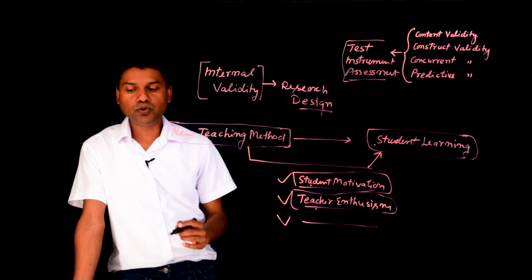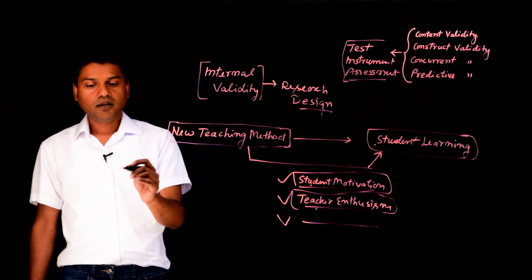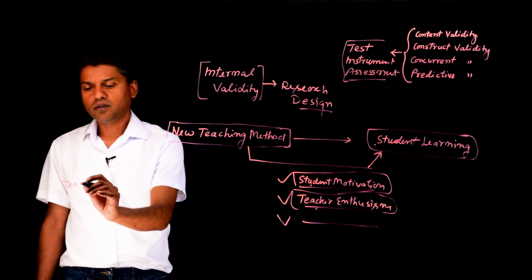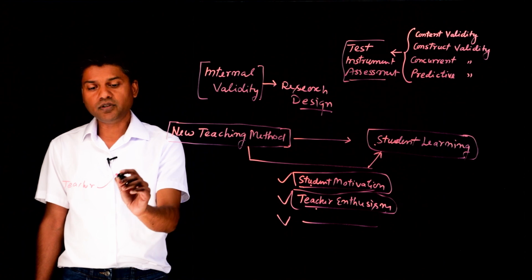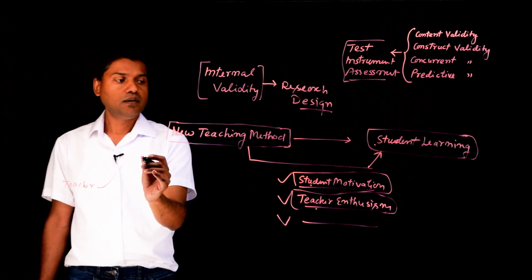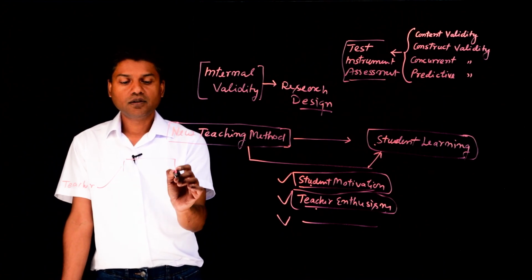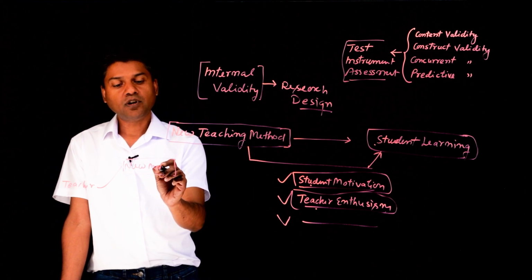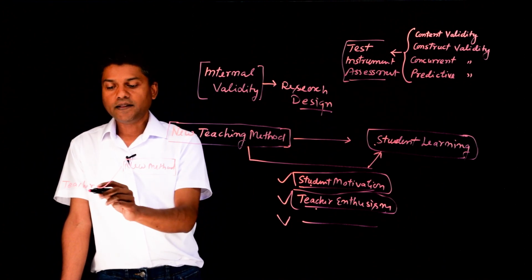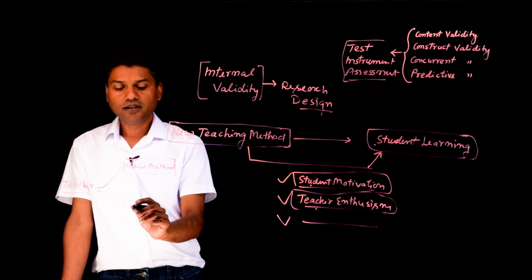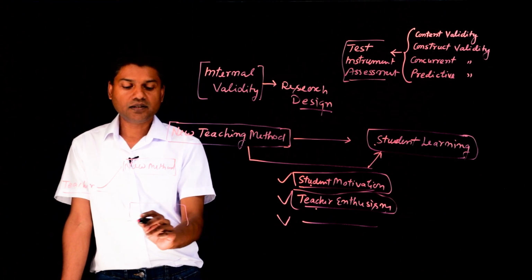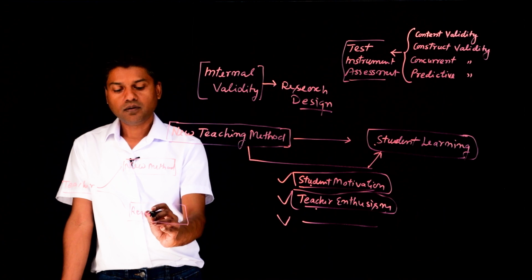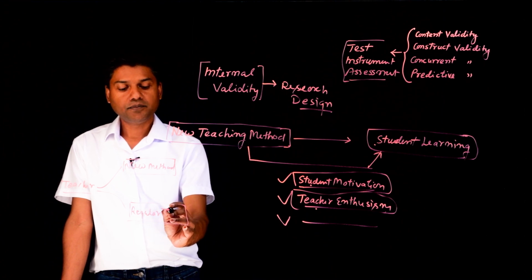So what I could do, let's say, is have the same teacher teaching a class of students using this new method of teaching. And then I can have the same teacher teaching another class using the regular teaching method.